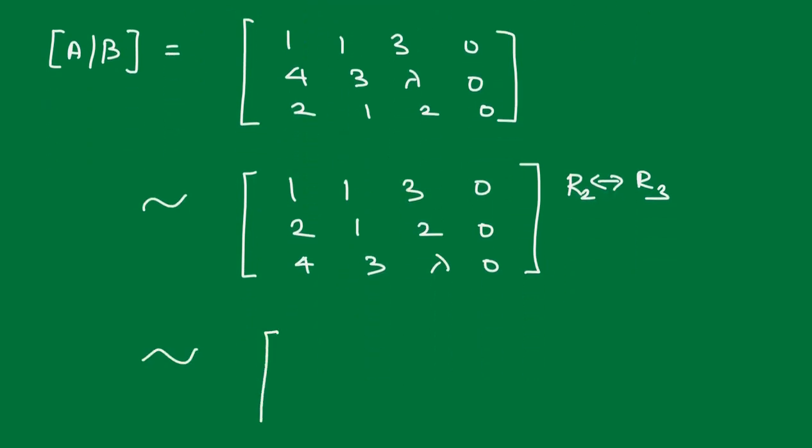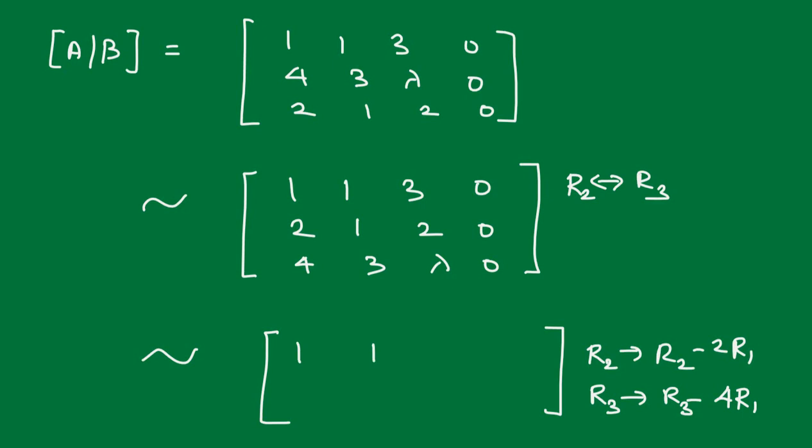So this is equivalent to, now R2 can be transformed to R2 minus 2 times R1 and R3 to R3 minus 4 times R1, where R1 elements remain the same. So 2 minus 2 gives 0, 1 minus 2 is minus 1, 2 minus 6 gives us minus 4. Next element is 0.